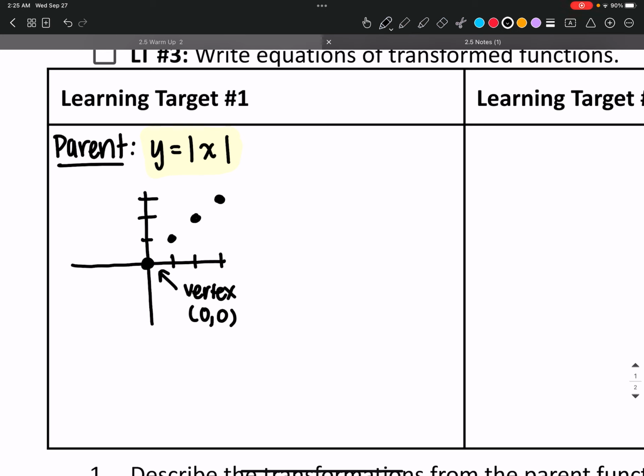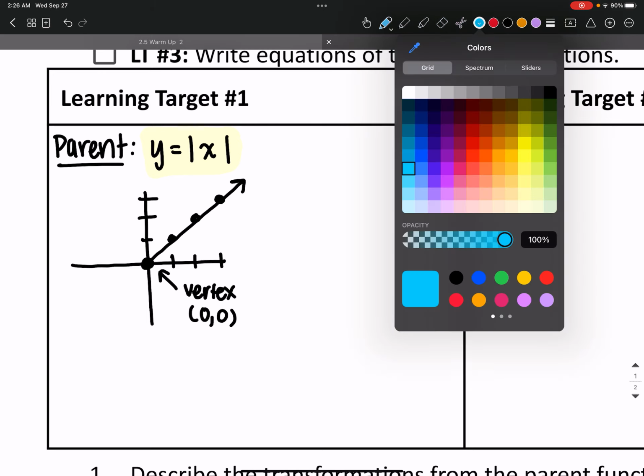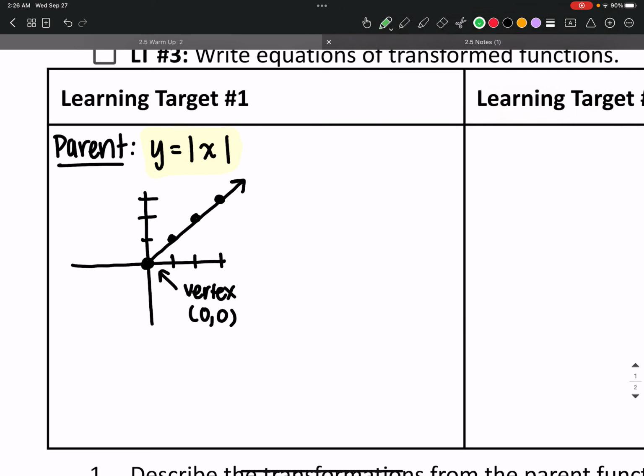And then this is the right-hand side of my absolute value graph for the parent. And I know that there is an axis of symmetry, just like there was for a parabola. Both sides are going to be the same. One's going to be reflected over the other, over the axis of symmetry.